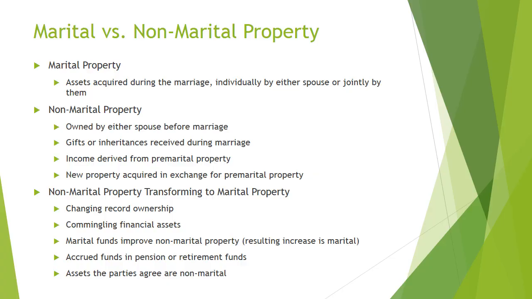So understand that non-marital property can morph into marital property, by changing record ownership to both names, commingling with marital assets, or putting in labor and increasing the value. That piece of increase could be considered marital property if the facts are appropriate. Pension or retirement funds, whether vested or not, are marital property to the extent they accrue during marriage.